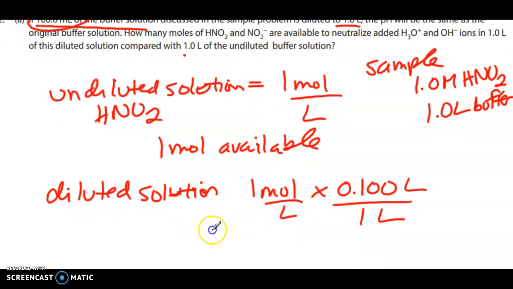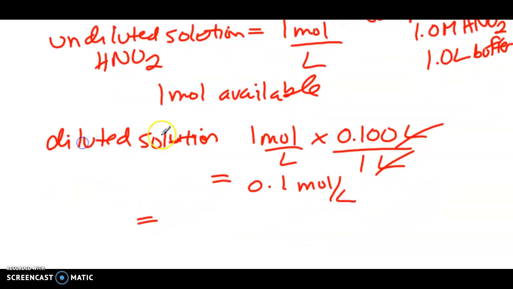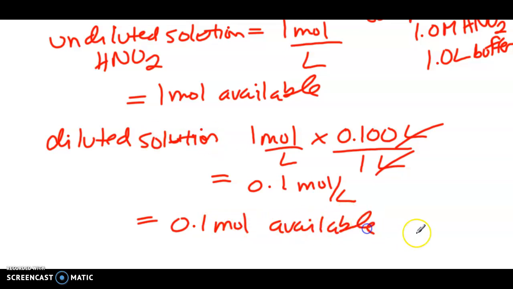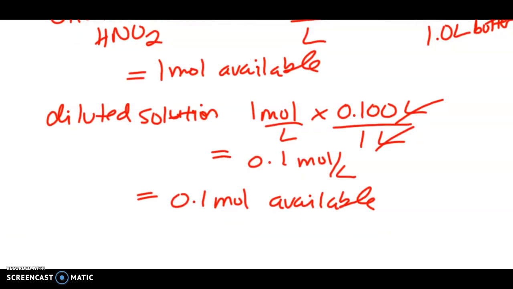So our new concentration is going to be 0.1 moles per liter, right? Those cancel, which means that we have 0.1 mole available. Okay, so we have 1 mole available undiluted, and diluted we have 0.1 moles available for 1 liter of both.